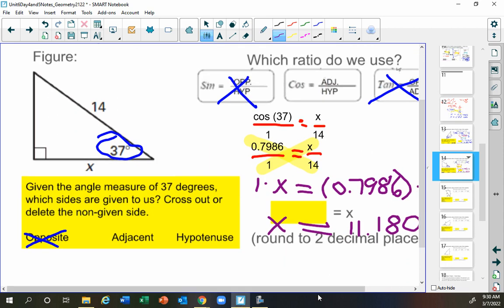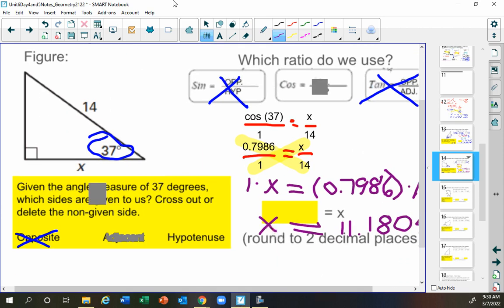All right, I'll let everybody copy this one down. And again, don't forget, label your triangle. Adjacent. Our partners. Need be. Opposite as well. Always label. Remember your HOA. Partners. Adjacent. Opposite.